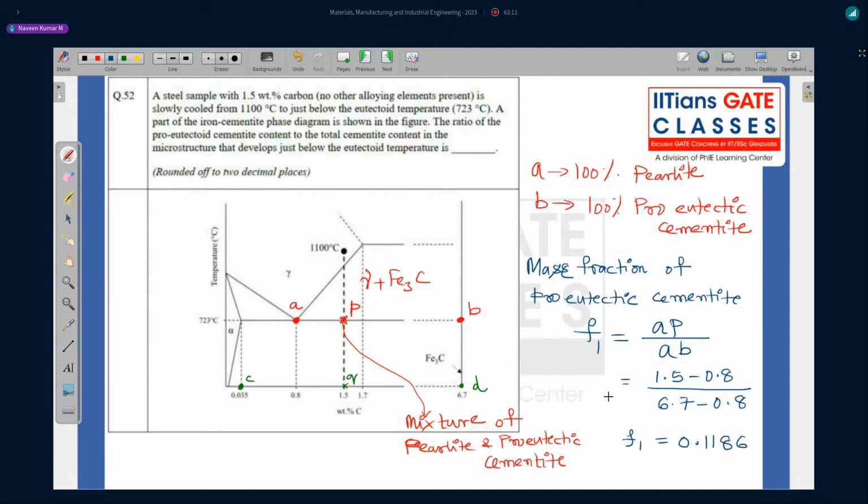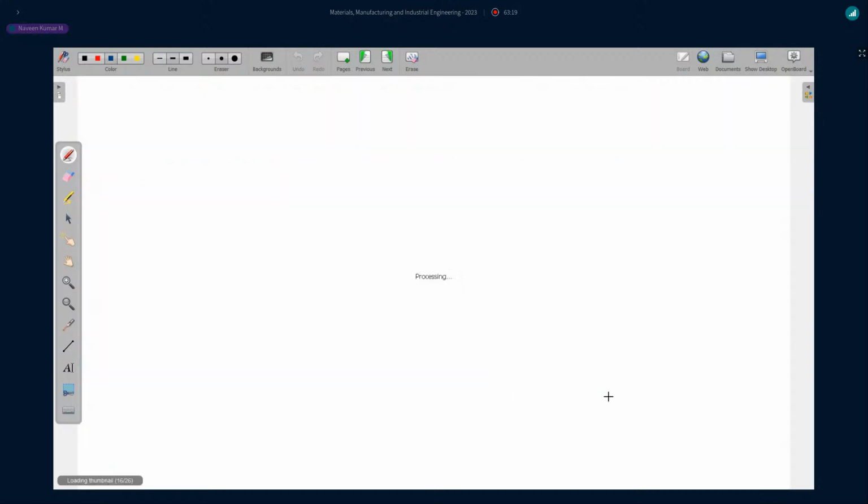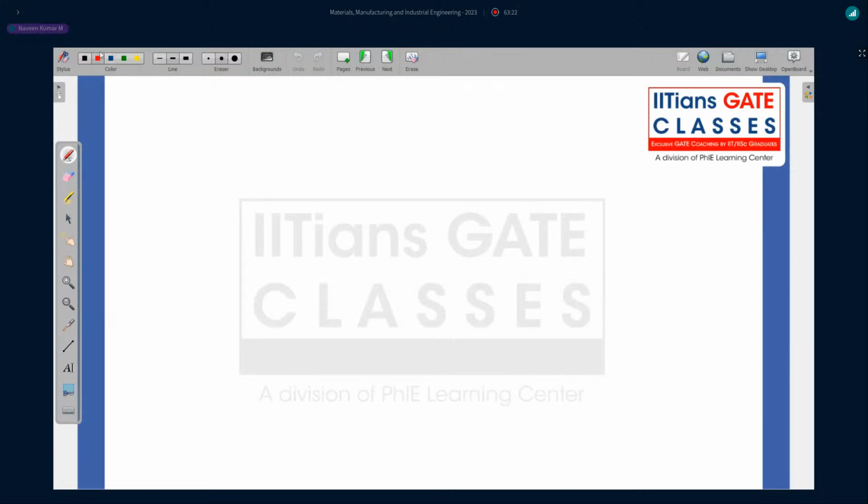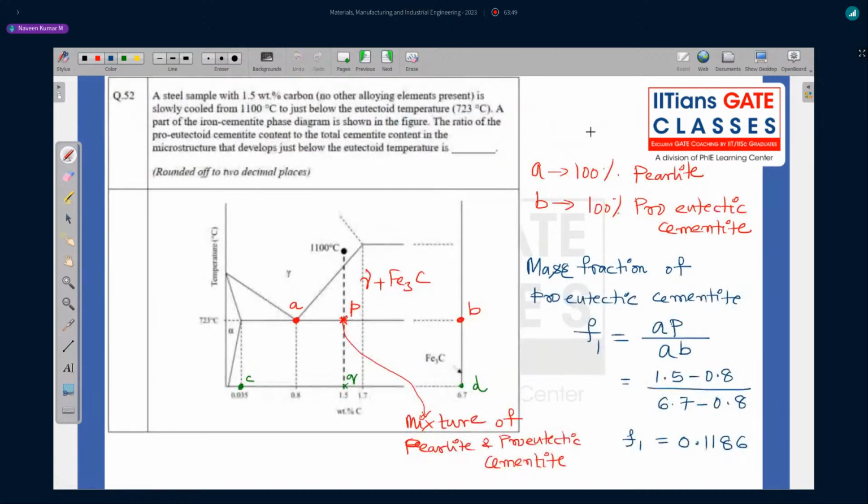Let's calculate the fraction for the total one, that is CQ divided by CD. I'll write it in blue. The mass fraction of total cementite, let's say F2, is CQ divided by CD.